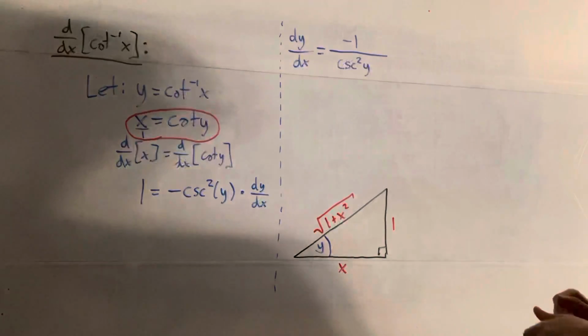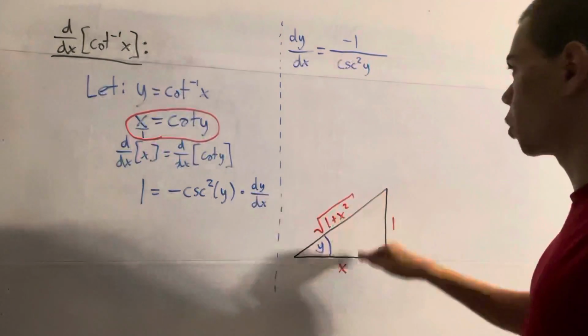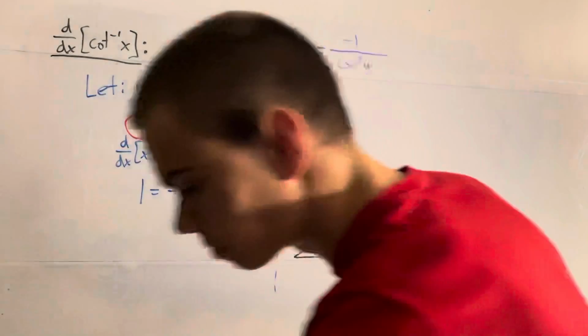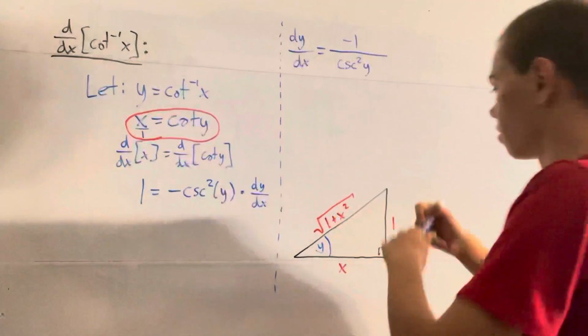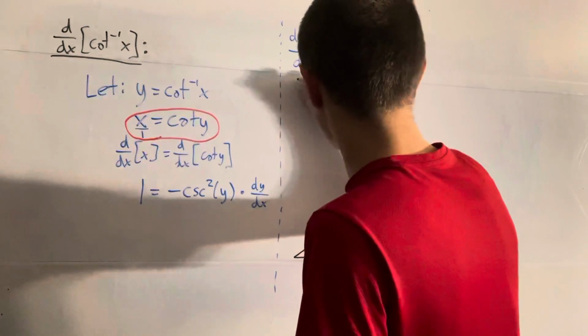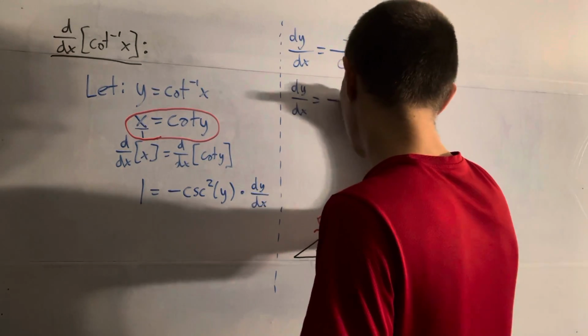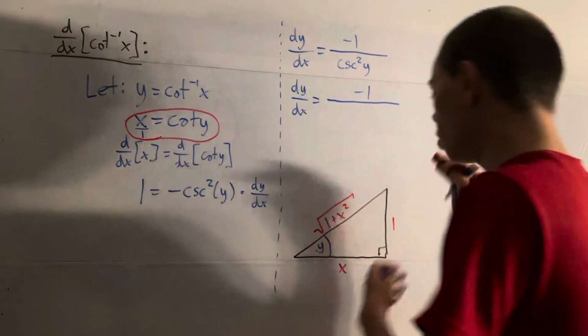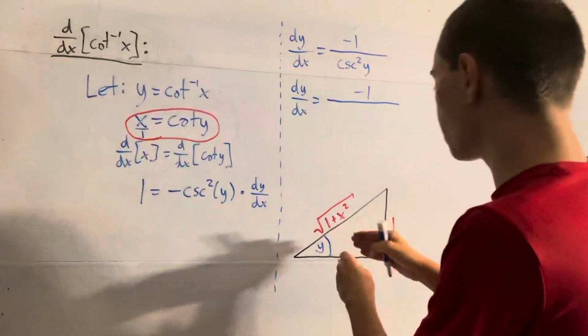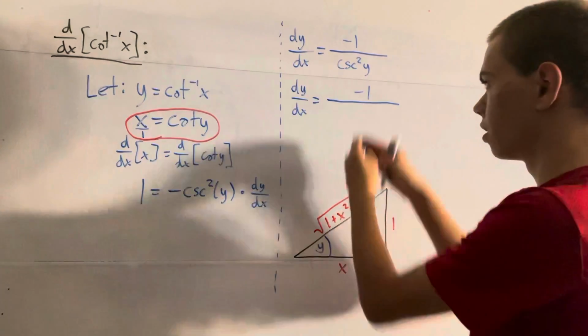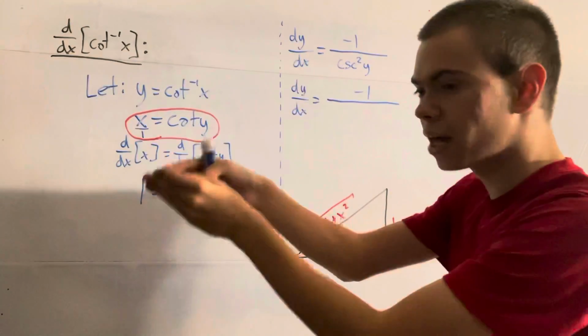So now that we have all three lengths, we can figure out the cosecant of y. Cosecant is just hypotenuse over opposite.